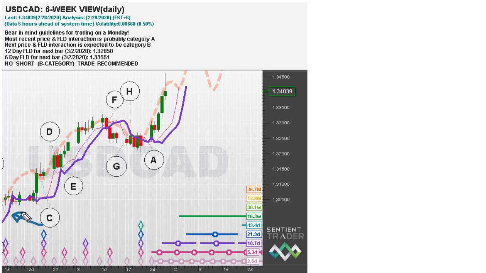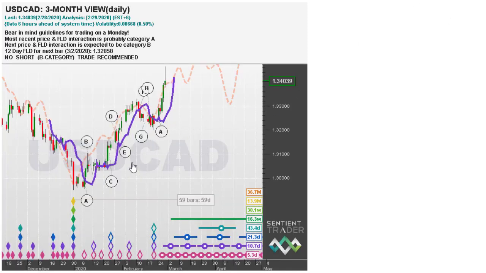Price then came down and sort of touched or hugged the 20-day FLD at round about the time we were expecting the 20-day cycle trough. So the US dollar, Canadian dollar started behaving in a fairly textbook fashion.